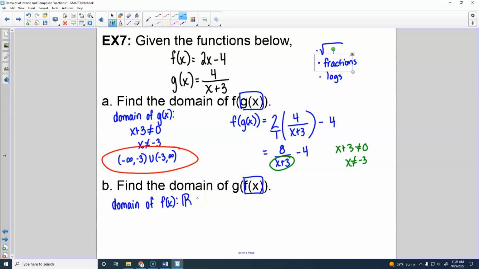We don't have any square roots, fractions, or logs, so it's just all real numbers. Then we have to think about g of f of x. That is going to be 4 over 2x minus 4 plus 3, which, if I simplify here, is 2x minus 1.